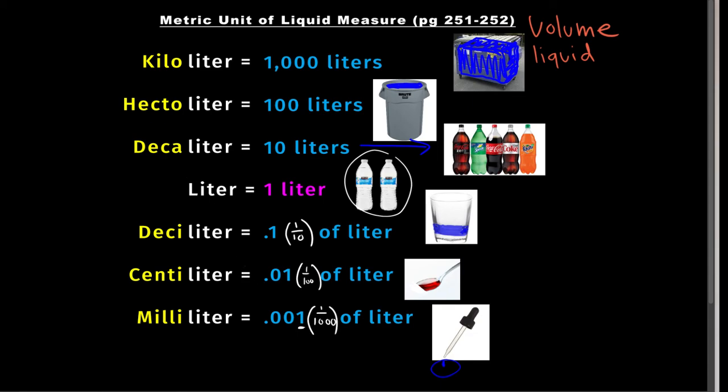So kiloliter is KL, hectoliter is HL, dekaliter is DAL, and liter is just L. And deciliter is DL, centiliter is CL, and a milliliter is ML. All right, so remember, make sure you always capitalize the L.